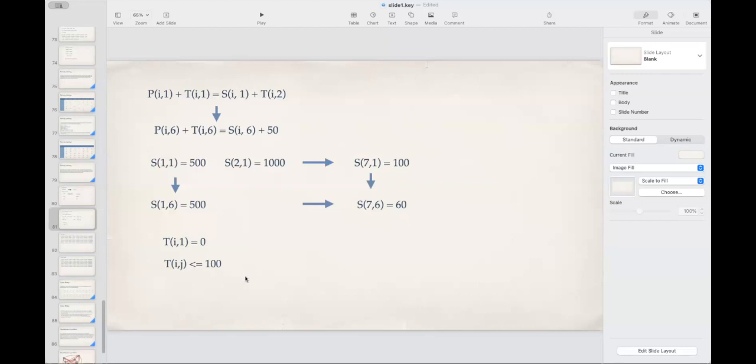We have to write the objective function. We have not finished writing the objective function. So what is the objective function?